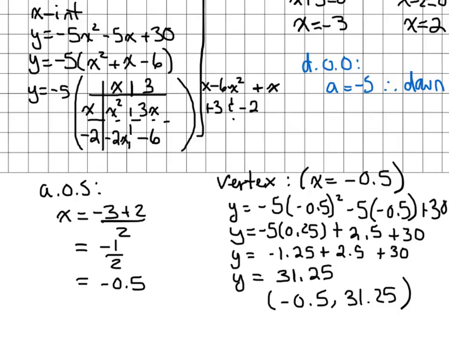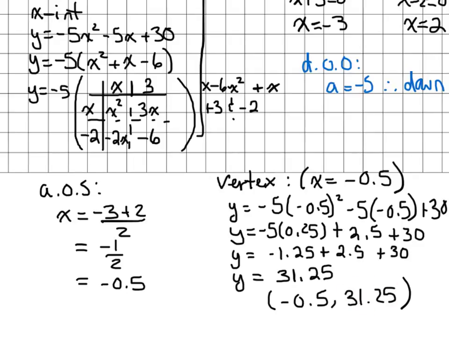And we would expect this. This makes sense. And the reason that it makes sense is that my y-coordinate of the vertex is positive, and we know that it opens down, and so in order for it to cross the x-axis, this would mean that the vertex would have to be above the x-axis.